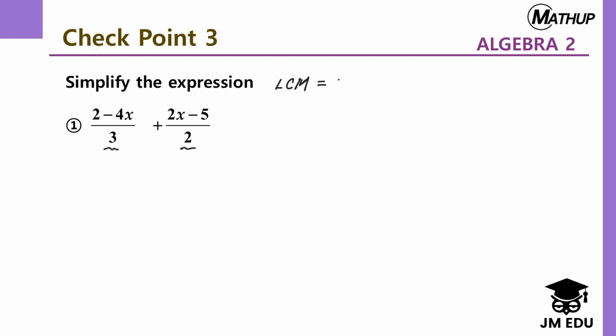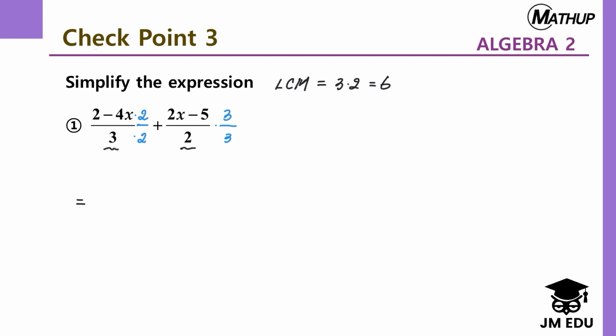So we must have at least 1 three and 1 two. So our least common multiple is 6, right? So in order to get denominator 6, we're going to multiply by 2 here, and here we have 3. We're going to multiply by 3.